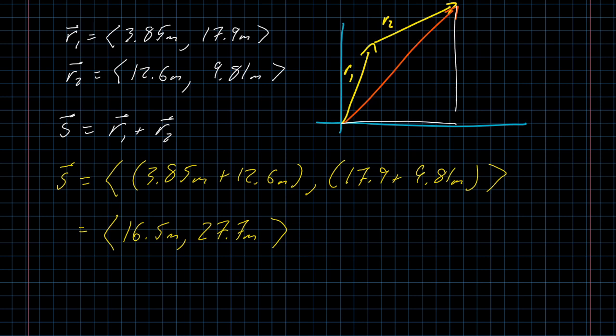And if I look at the components of the result, well, this is just the x component of R1 and the x component of R2. This is the y component of R1, and this is the y component of R2. So yes, it does look like geometrically we can just add things together and everything works exactly the way that we expect it should.